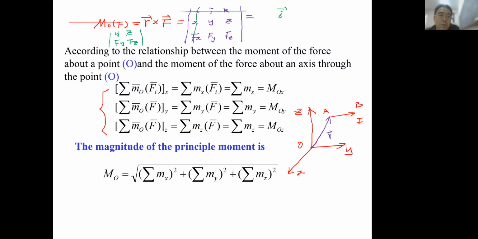This 2 by 2 sub-determinant is very easy to calculate. We only need the cross product, and this one will be y Fz minus z Fy.